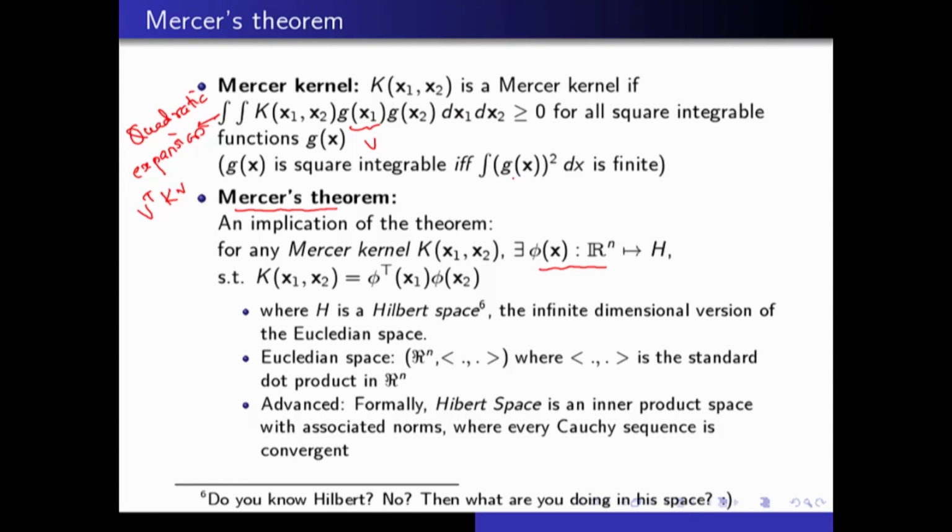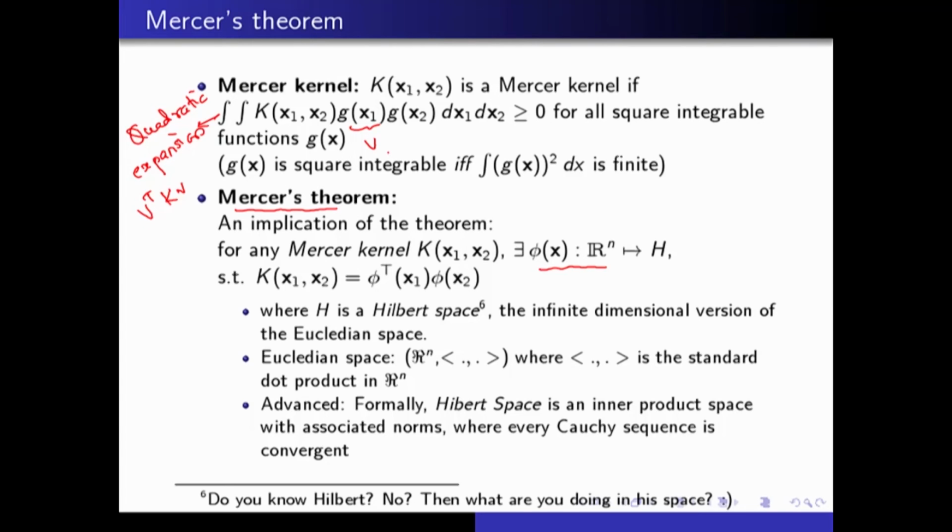All you need is that, just like the V, the integral of the square of G should be finite. So what we need is the positivity of this quadratic expansion for all square integrable functions G, which is a generalization of the vector V. So the Mercer kernel will give you a phi implicitly. That's a guarantee we want to exploit.